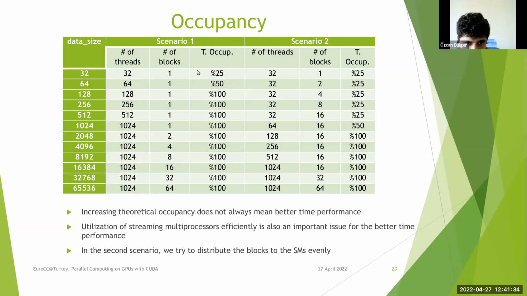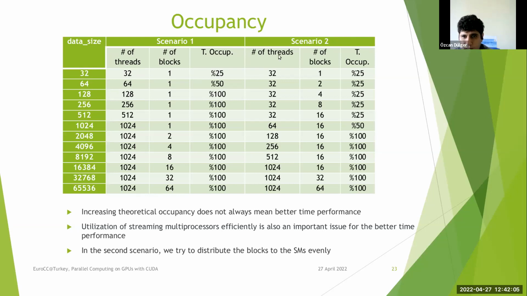When we double it, the theoretical occupancy also doubles to 50. Again, when the number of threads becomes 128, the theoretical occupancy becomes 100, and for the remaining ones, it remains the same. This first scenario achieves 100% theoretical occupancy when the data size is 128.